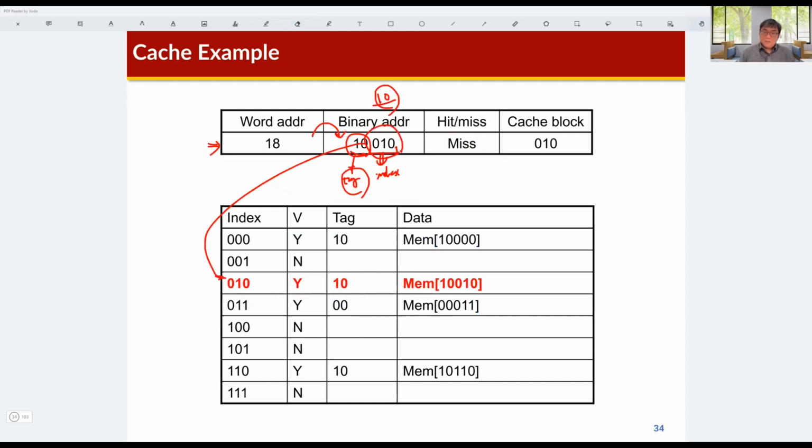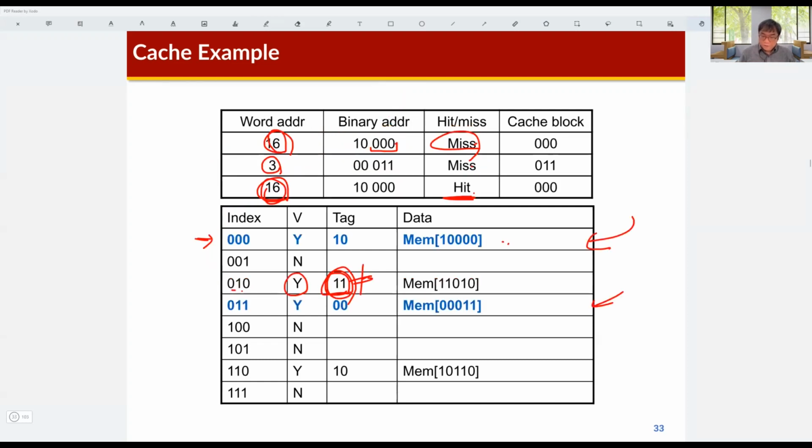So in this case, the result of cache access is a miss, because there is data, but this data is not the requested data because the tag is different. Understand? So this is a miss, and then the existing data is evicted from the cache. It's kicked out.